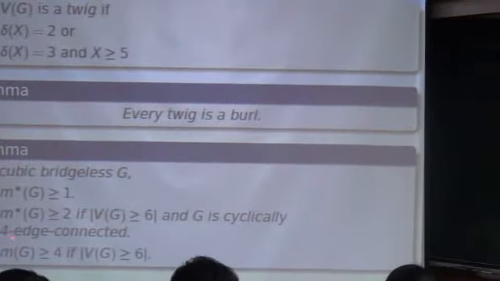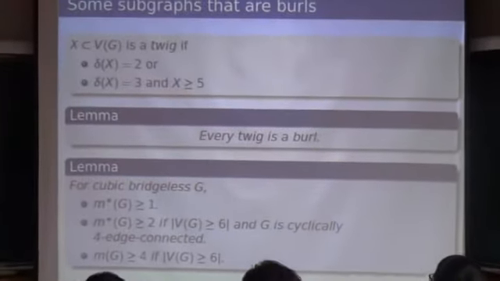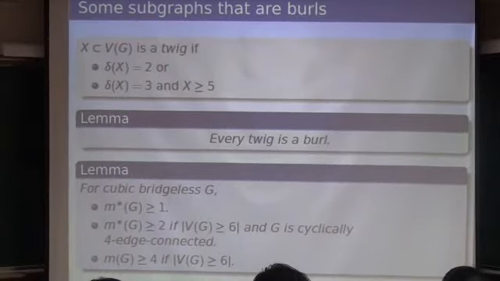So remember what M asterisk is. M asterisk is the minimum over all edges of the number of perfect matchings containing that edge. So we already know that every edge is in a perfect matching in a cubic bridgeless graph. So M asterisk is at least 1.